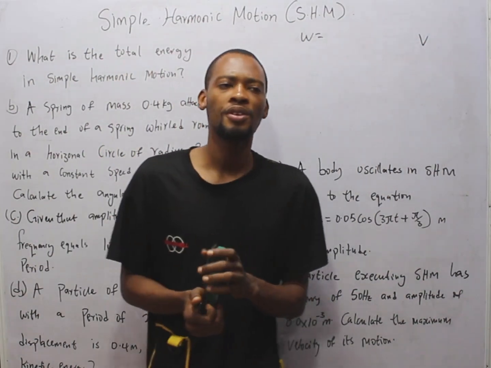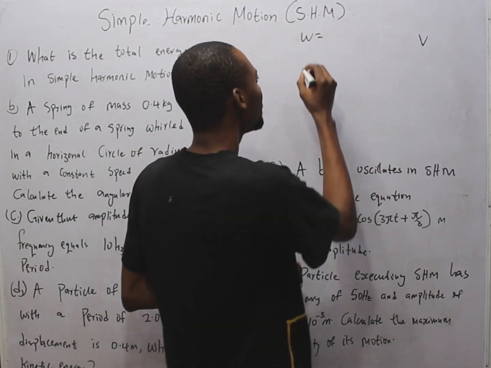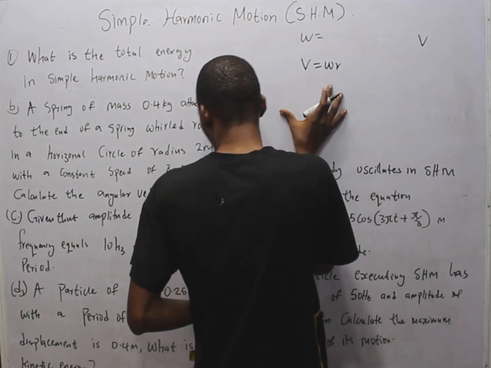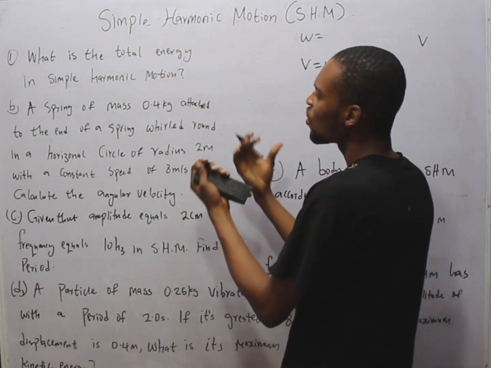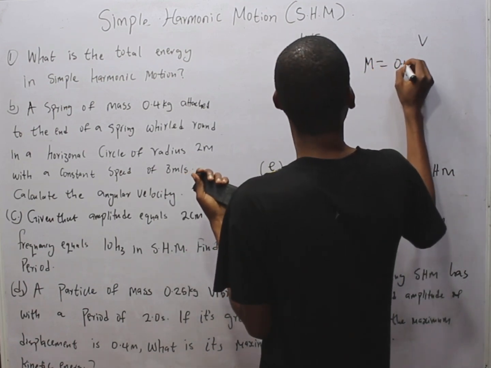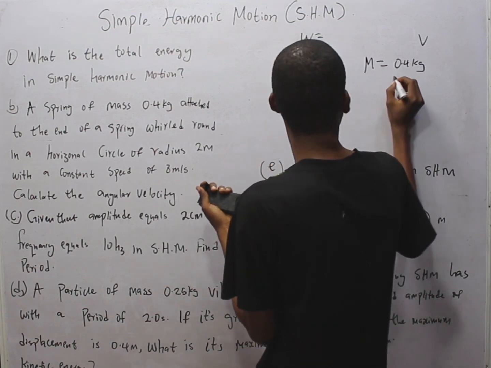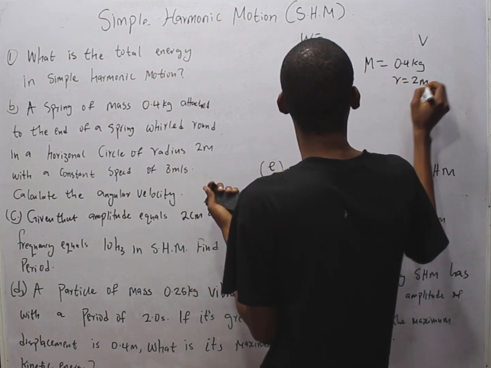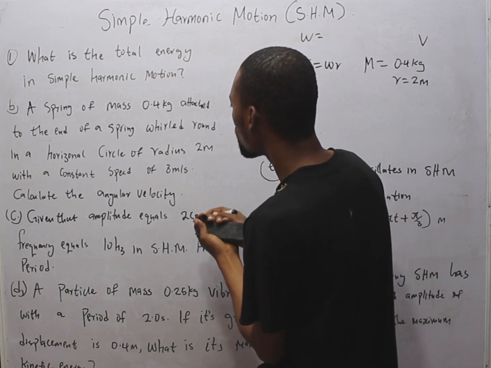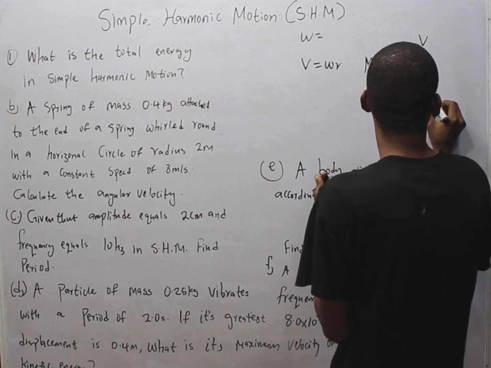From my video on motion in a circle, I derived that linear velocity v equals ωr, angular velocity times radius. In this case, we are told that mass m equals 0.4 kg. We're also given the radius to be 2 meters. r equals 2 meters. What else? At a constant speed of 8 meters per second. So v equals 8 meters per second.